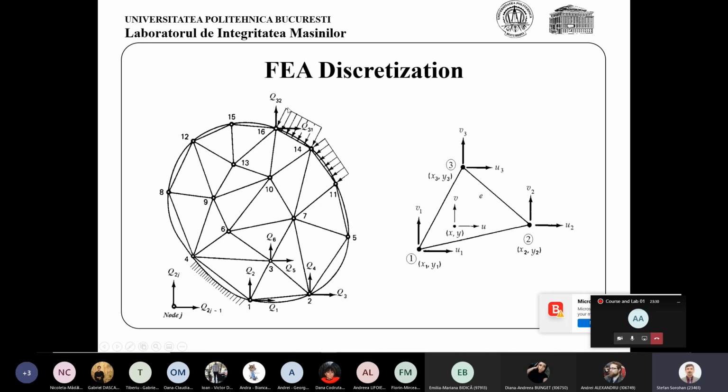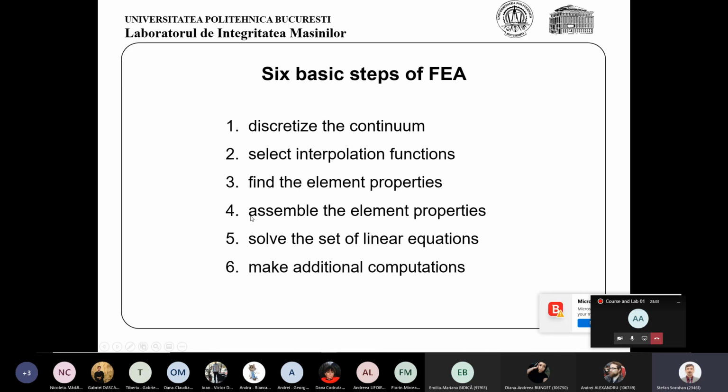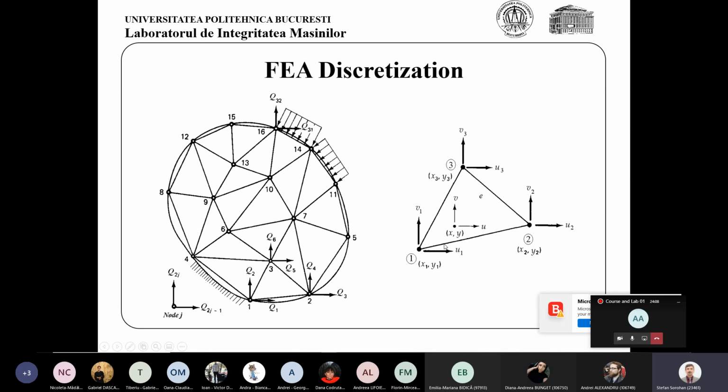For these 32 degrees of freedom, after the assembling process, I will obtain 32 equations, or if you want, a system of equations with 32 unknowns. So usually we cannot solve this system of equations without a computer. We need a computer and also software for that. Usually this kind of system of equations is a linear one. So after solving it, we will obtain all displacements here.